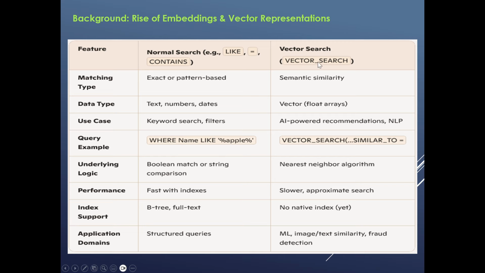However, when we save the data in a vector data type, our end goal is that whenever we do a search, it gives us semantic similarities.